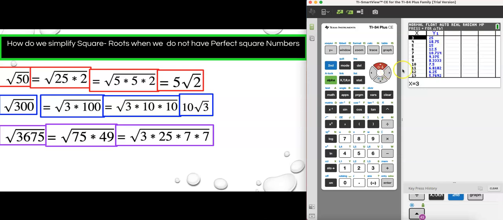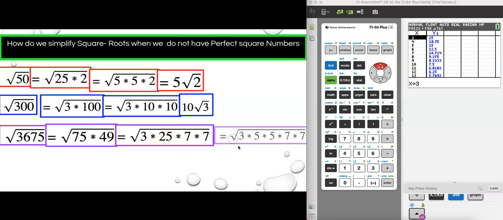That's why it's important that you guys learn those numbers. Okay, all right, so 3 and 25, that's where that came from. But more importantly, when you multiply all of these numbers together, they should always equal what you started with. In this case, it should be 3,675.